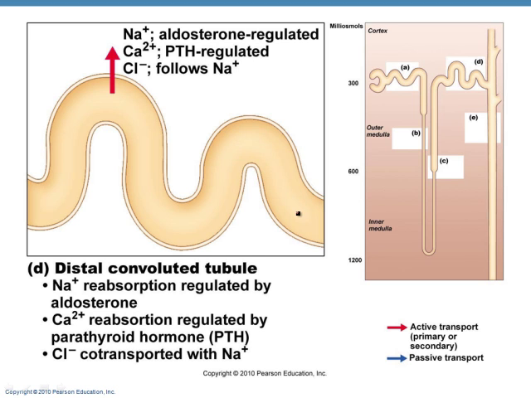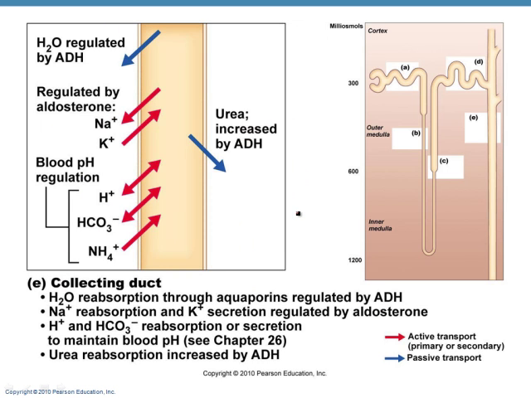What's going to happen in the distal convoluted tubule? I'm going to get rid of more water because I'm not going to reabsorb as much sodium. So this is where I fine tune that urine, and then what's left goes into the collecting duct. A little bit more water reabsorption is going on there, but just a little, because of the cell types.